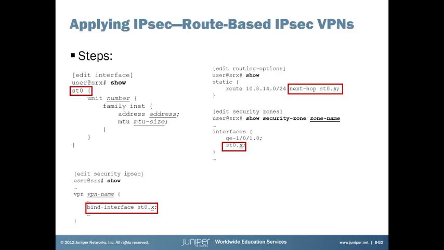And the route-based is we are going to be defining the interface. We're going to have to give it an IP address as usual. You may want to set the MTU size there to suit what your VPN can take.